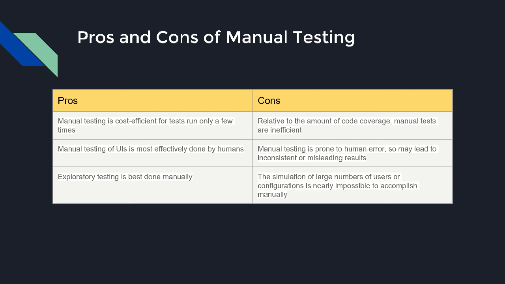So for the cons, manually run tests are inefficient. Manual testing is prone to human error, so may lead to inconsistent or misleading results. The simulation of large number of users or configurations is nearly impossible to accomplish manually.